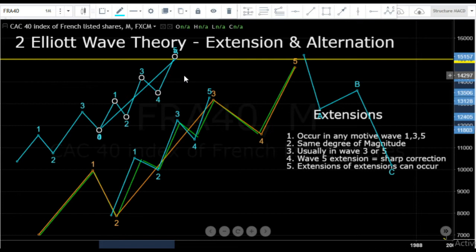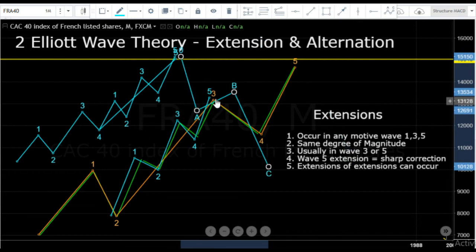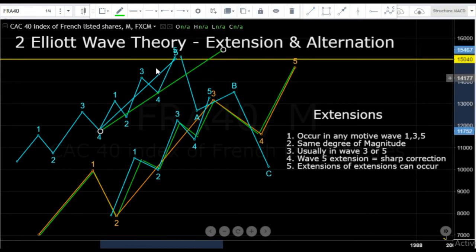And we can understand where we are in the process, knowing full well that if we get an extension of an extension in the wave 5 position, we're going to get a very nice steep correction. So then we start looking for a trade along here. Okay, hope that explains extensions for you.